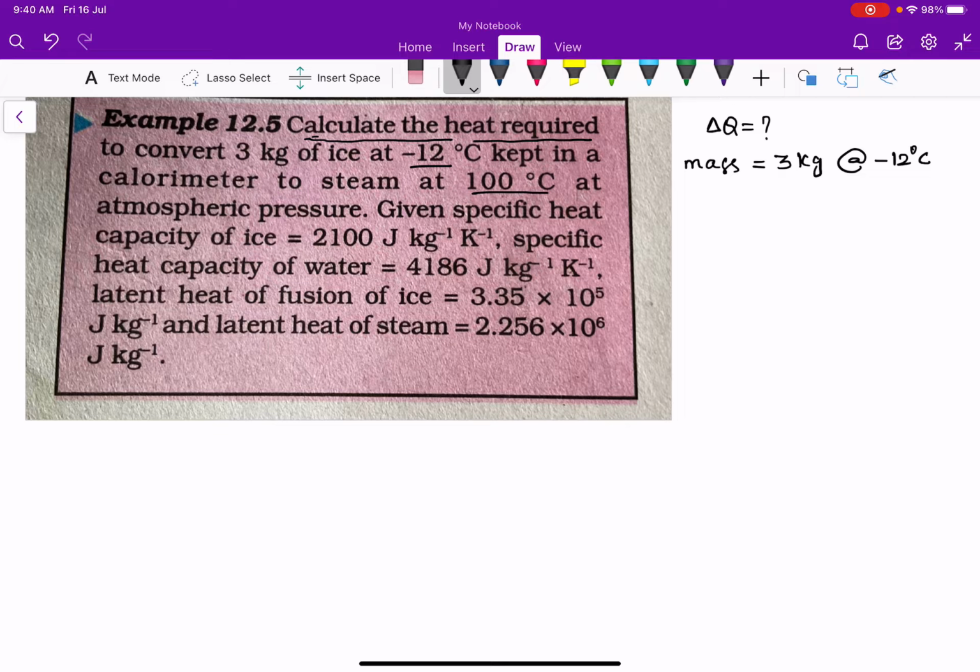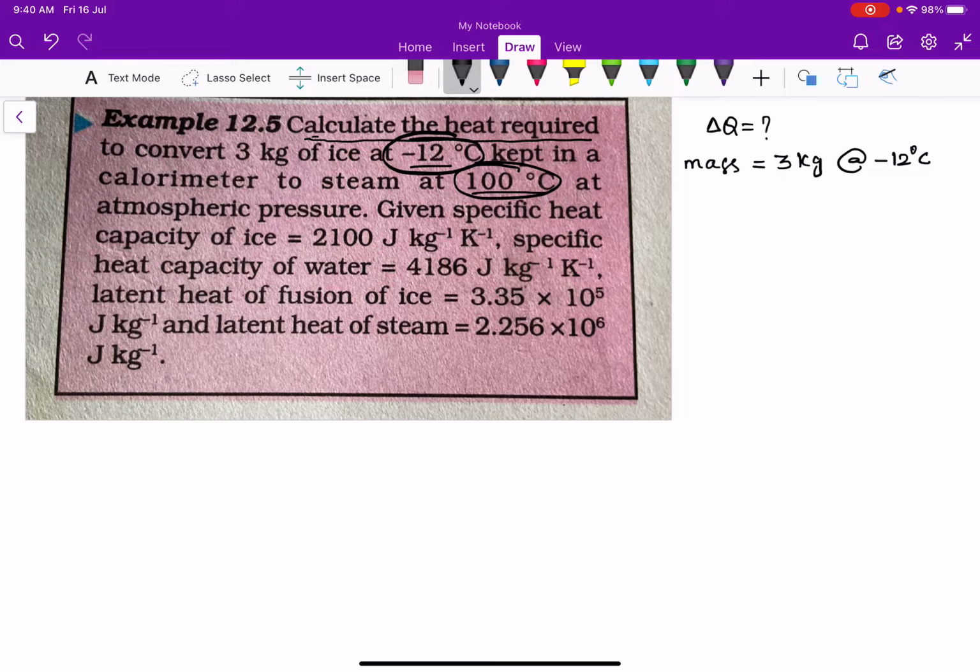At 100 degrees Celsius, again, it will be converted into steam. That is, the change of state occurs at 100 degrees Celsius at constant temperature. So, we need to find out the heat energy required to convert the ice from minus 12 degrees Celsius to steam at 100 degrees Celsius at the given atmospheric pressure.